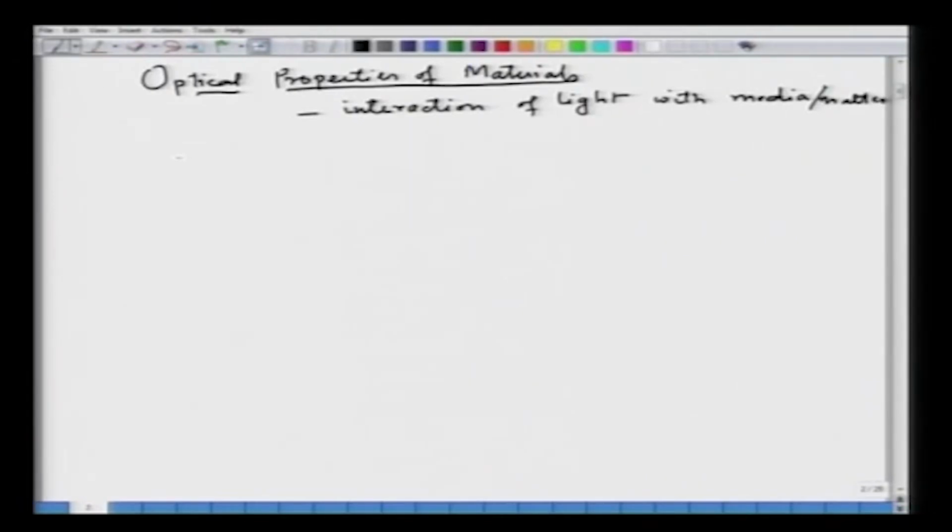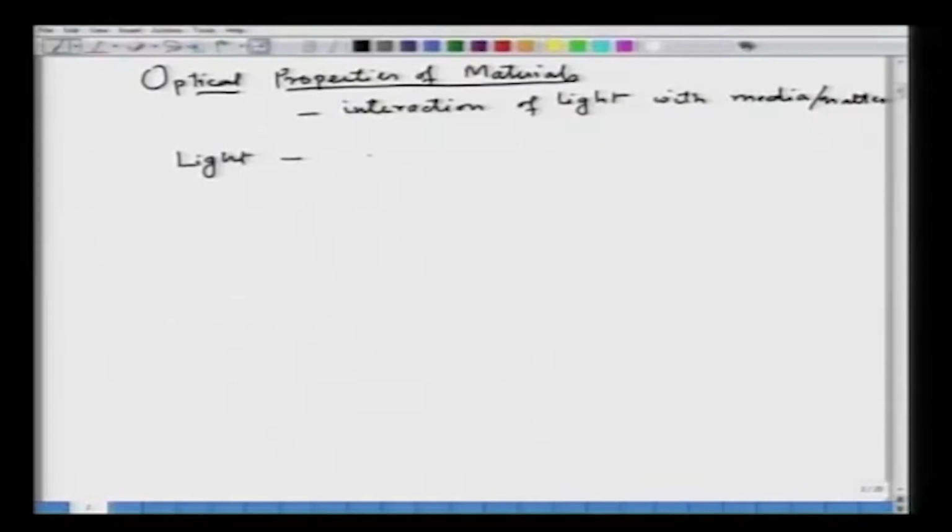Now, what is light? Before we understand this interaction, let us understand what is light. Just like the material electronic structure, when we talked about electron, we looked at its dual nature. In the same way, light also has dual nature. You can think of it as a wave as well as a particle. In today's discussion, we are going to be thinking of light as an electromagnetic wave. Hence, we must understand the theory of electromagnetic waves and basically Maxwell equations.